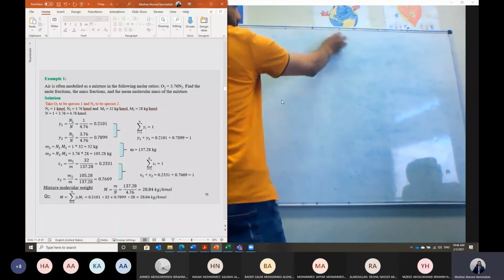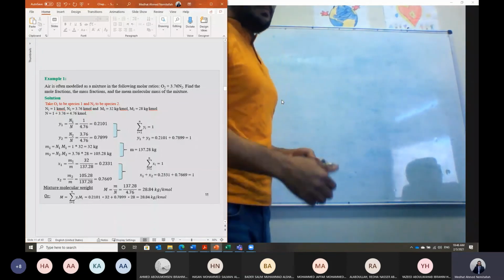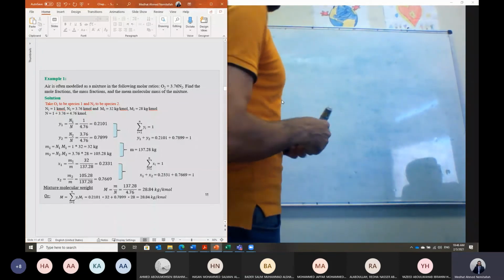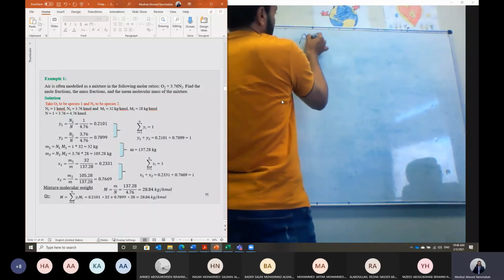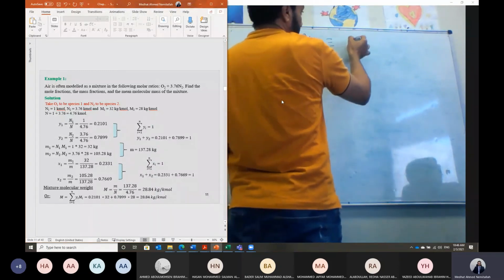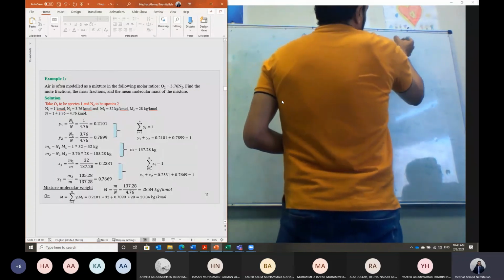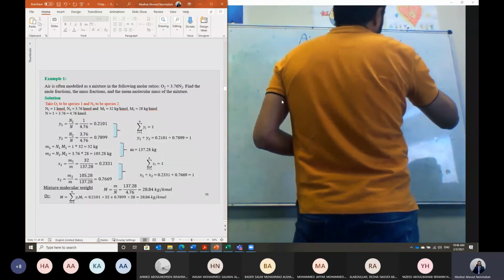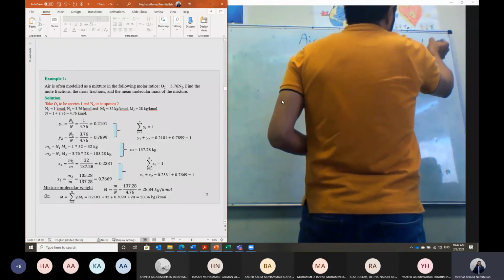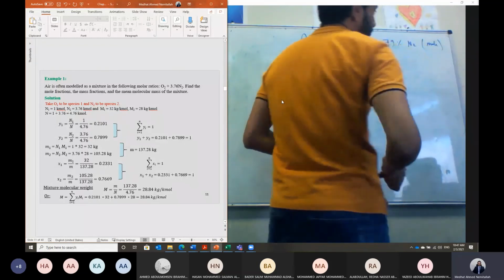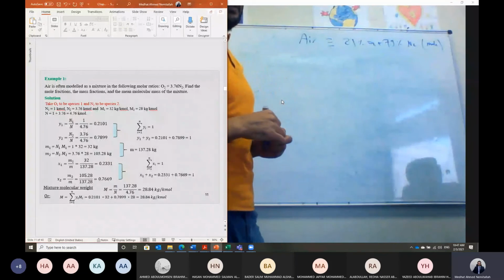Right, let's look here. In this example, air is defined, as I told you, as approximately 21% O2 plus 79% N2. And this is based on the mole basis, molar or volumetric basis.